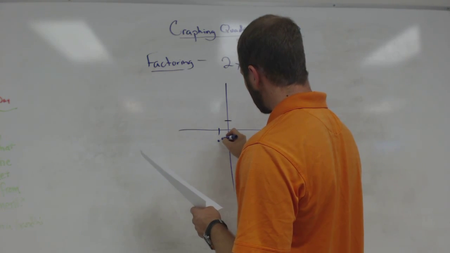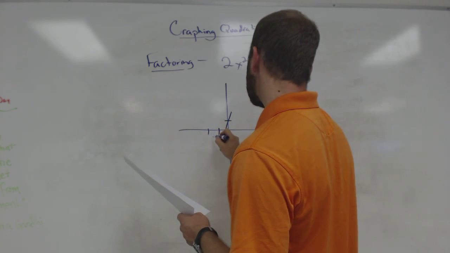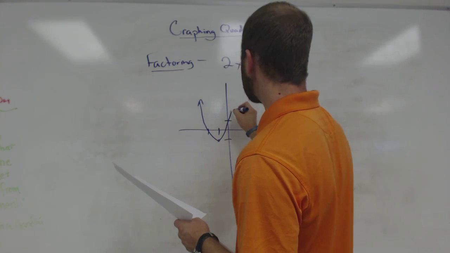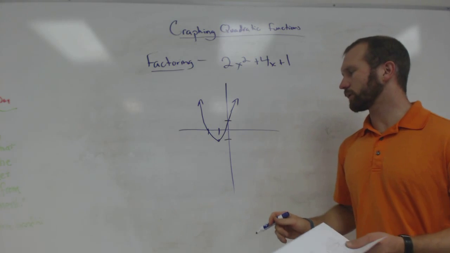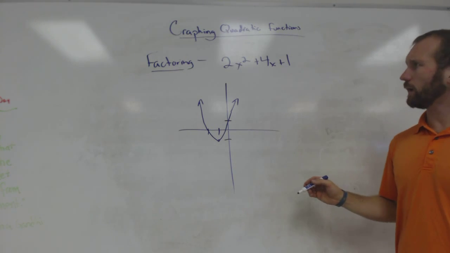Over 1 up 2. And that's as far as I'm going to go. We did the rest of the graph for homework, but let's factor this and see what we get.